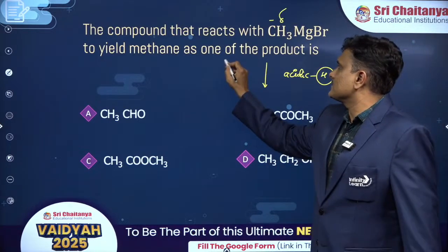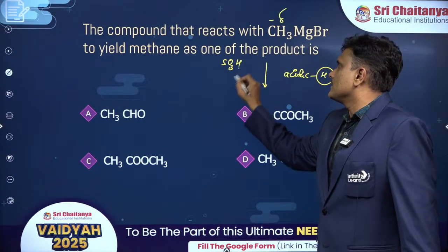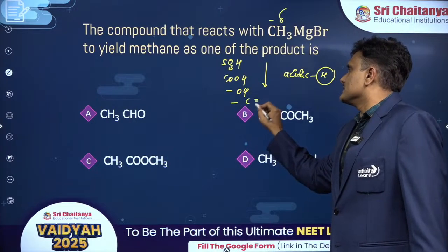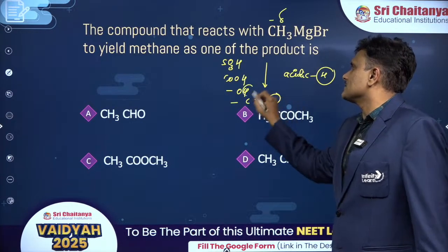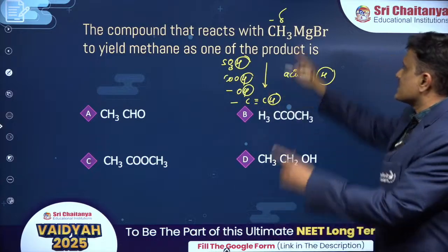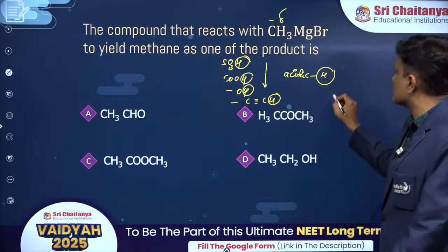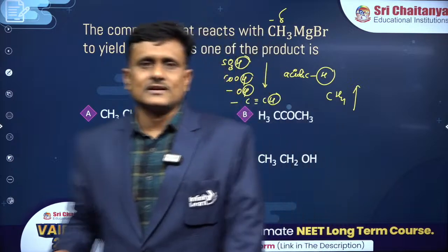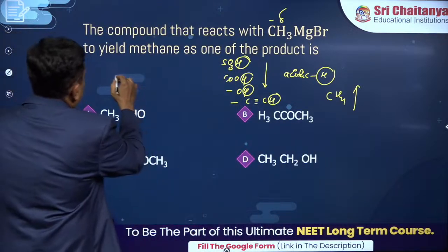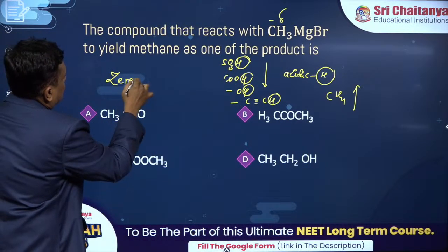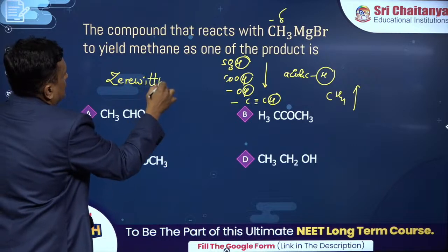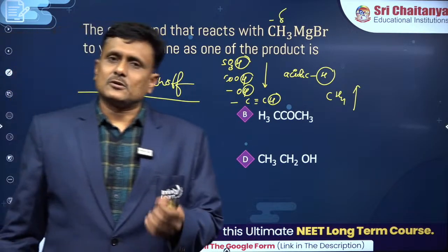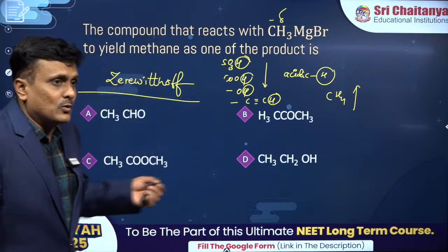Any acidic group, in the sense sulfonic group, carboxylic group, phenolic group, acetylenic group, any acidic hydrogen atom when present, takes the proton from that to convert into the alkane. This we study in the qualitative Zerewitinoff method to understand how many acidic hydrogen atoms are present in a given compound.